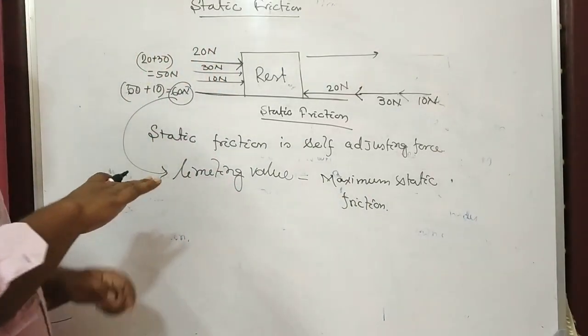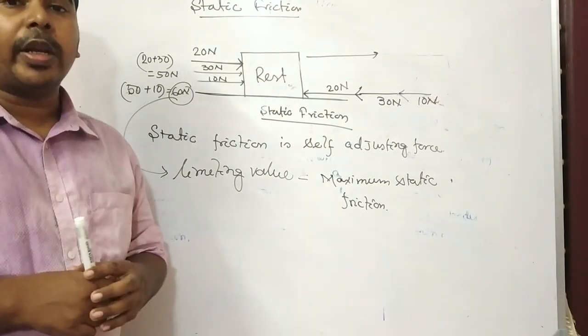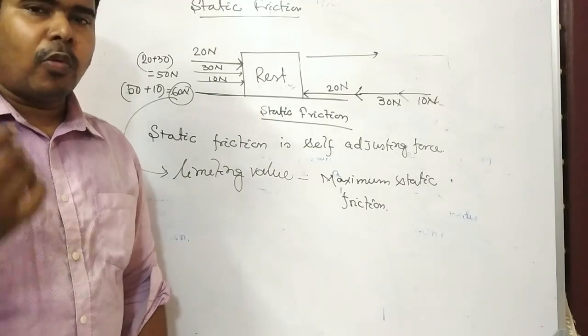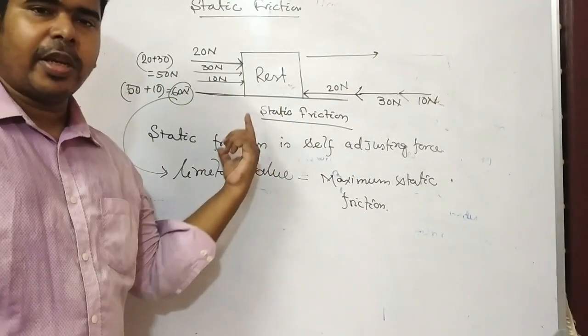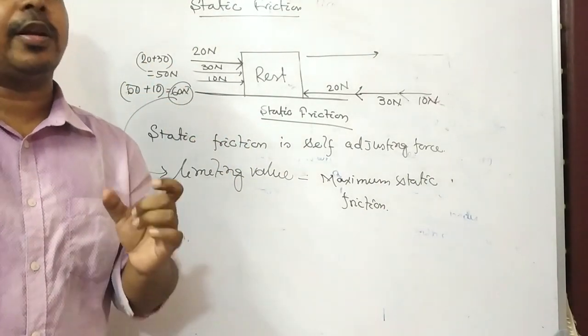So in a very easy way, when a force is applied on a body but the body is not moving, that force is being opposed by an equal force from the opposite direction. That force is known as the static frictional force.